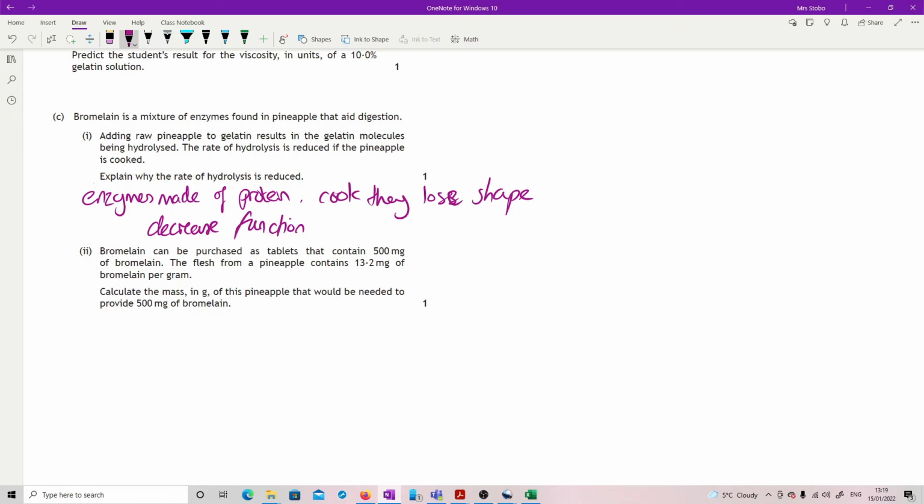Bromelain can be purchased as tablets that contain 500 mg of bromelain. The flesh from a pineapple contains 13.2 mg per gram. Calculate the mass in grams of the pineapple that would be needed to provide 500 mg. So what I know is that 13.2 milligrams are in 1 gram of pineapple, and I want 500.